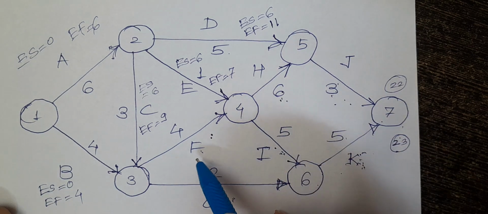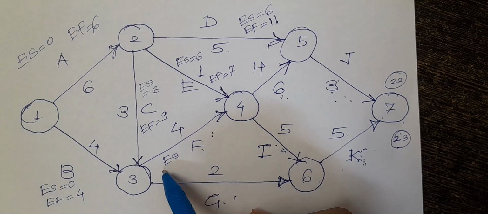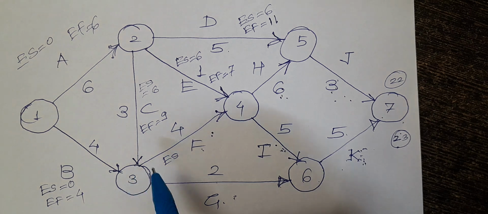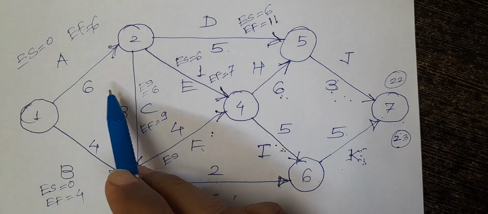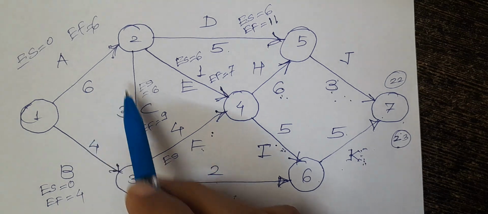Similarly, for the F activity, now there are two branches coming here, so two paths. We have to consider the highest time required.